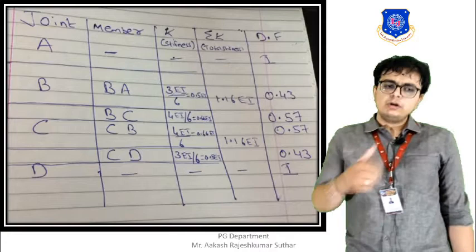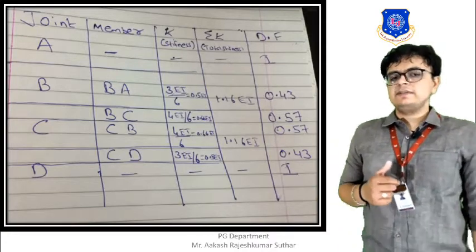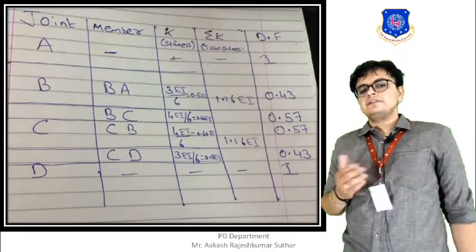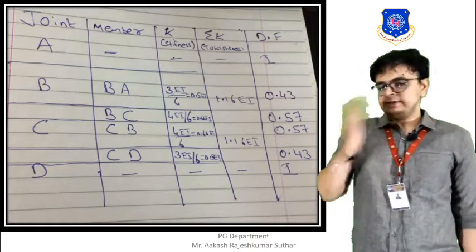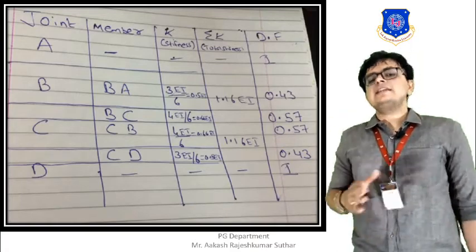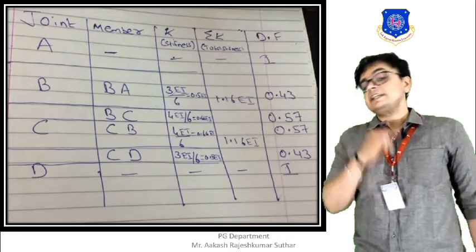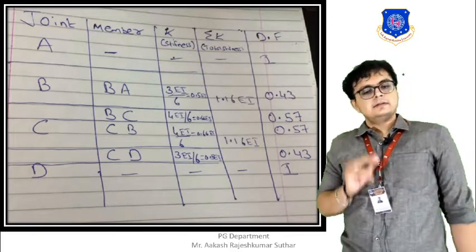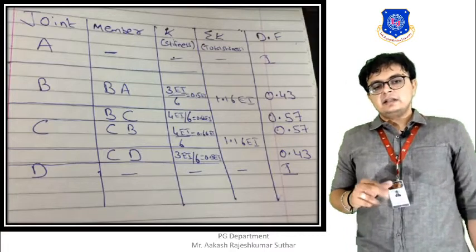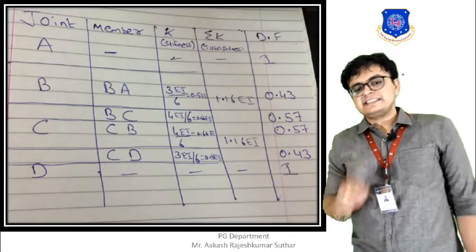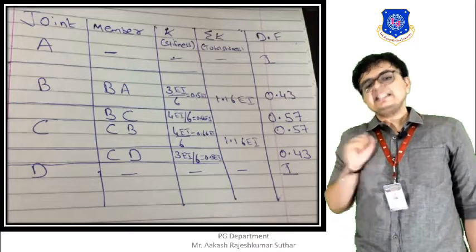Talking about C, whenever we are finding the stiffness for the CB member, this means that C is fixed and B is also fixed. So in that case our formula will be 4 EI by L, and there we will get 0.6 EI.